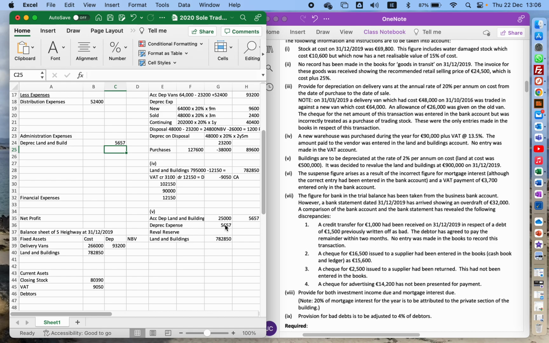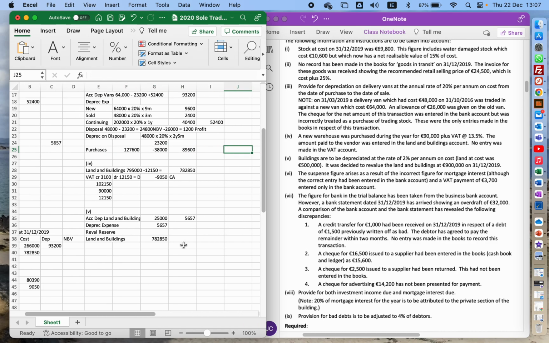Now, when I do my revaluation, what I do is I increase the value of land and buildings to the new figure, and I cancel all the depreciation on that date. So I'm going to take out those two. That's going to be taken out of my accumulated depreciation and transferred into my revaluation reserve.